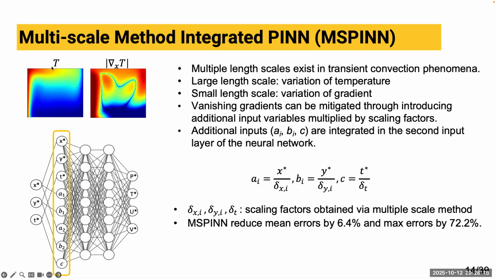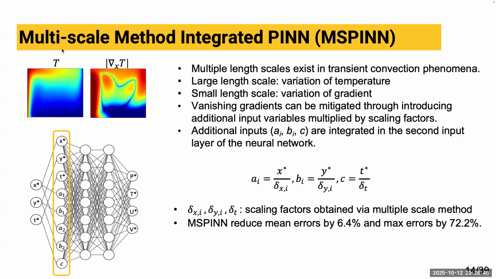The regular temperature changes across the entire computational domain, meaning that the length scale of temperature is pretty large. However, the gradient value changes very rapidly across really short distances, meaning that there are some small-scale features within the gradient field. So basically, this 2D natural convection is a multi-scale problem.